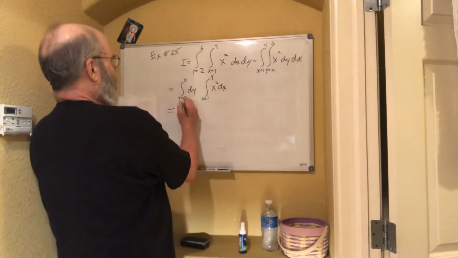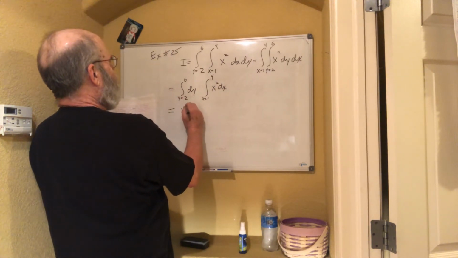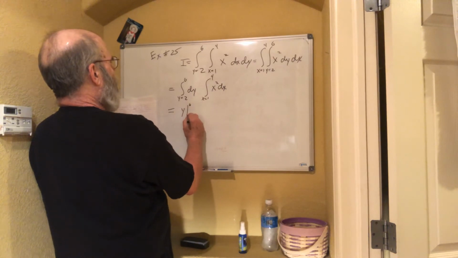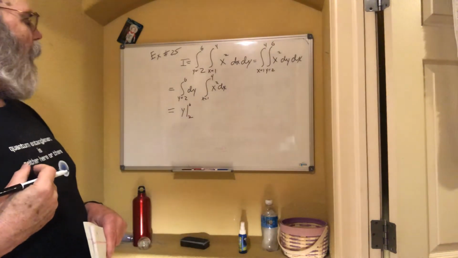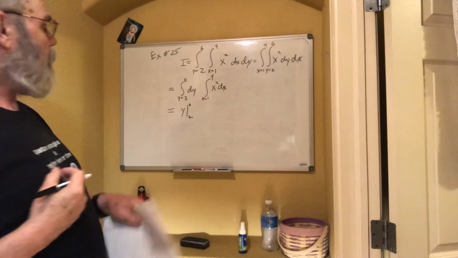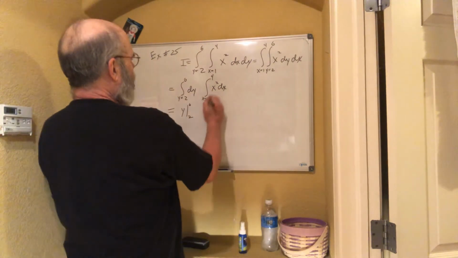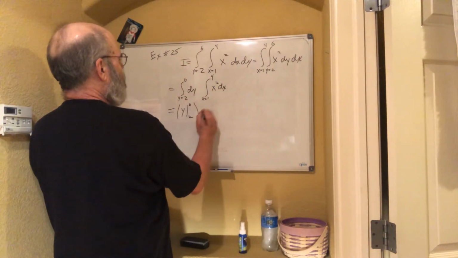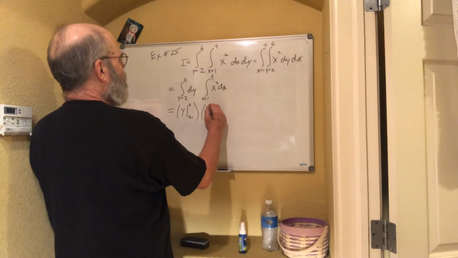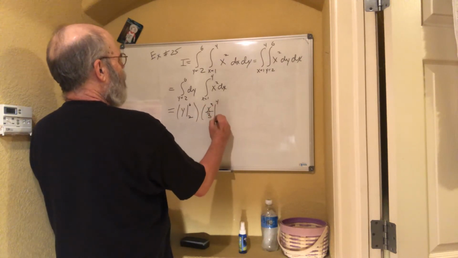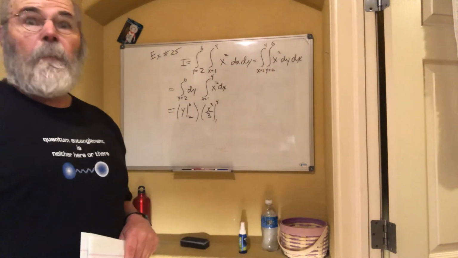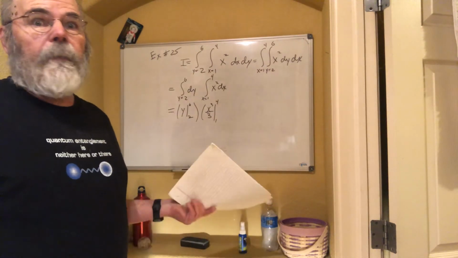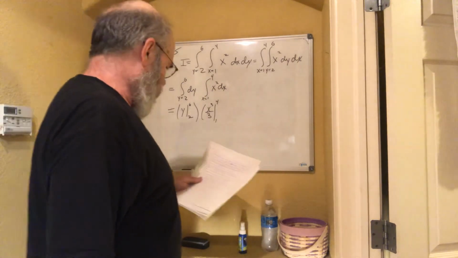So anyway, when I integrate this one here, of course I just get the function y, and we have to evaluate that across the limits of 6 and 2. And then over here, this integral just becomes x cubed over 3, and that runs from 1 to 4. Okay, so like I say, nothing new here at all.